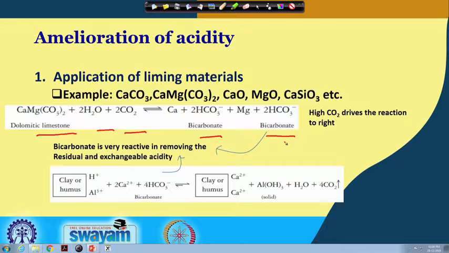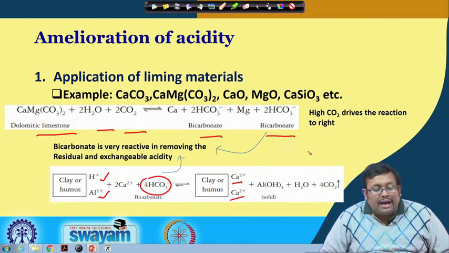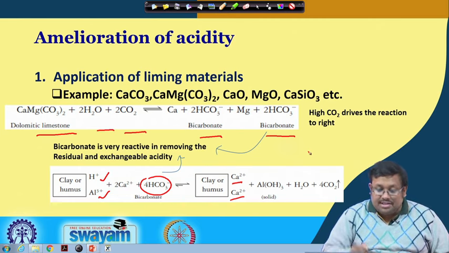Now, this bicarbonate is very reactive in removing the residual and exchange acidity. You can see this bicarbonate ion can remove these exchangeable H plus and Al3 plus, and ultimately these exchange sites are occupied by the calcium ions, and this is how the application of liming material ameliorates the problem of soil acidity.